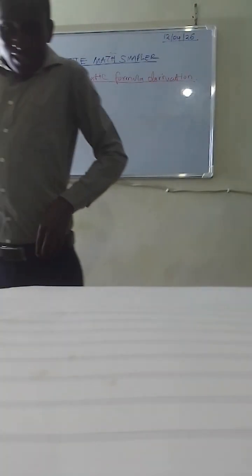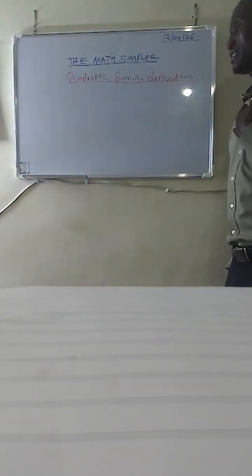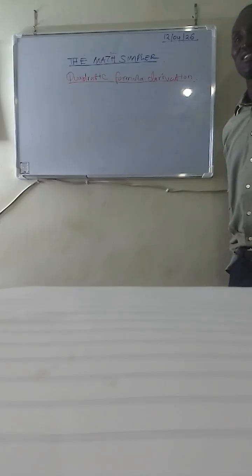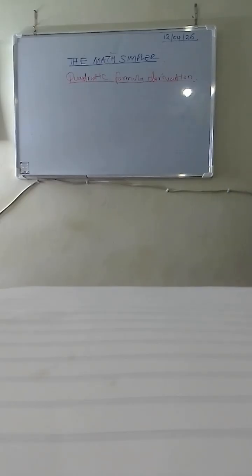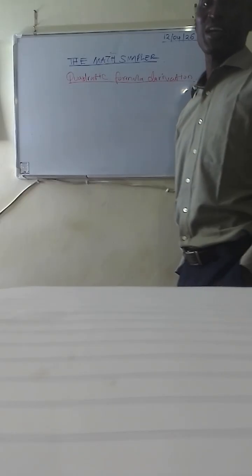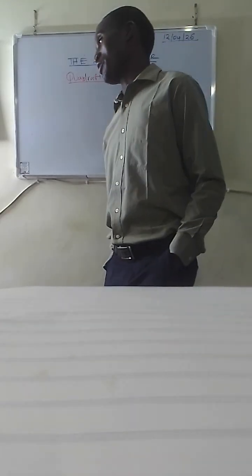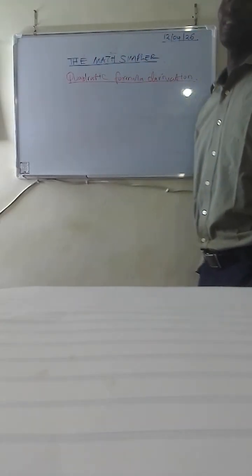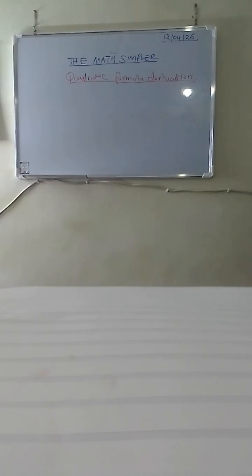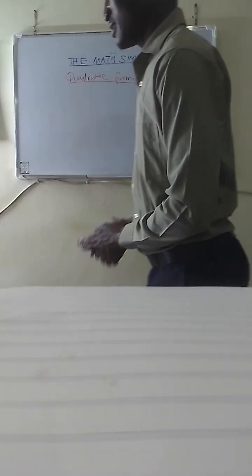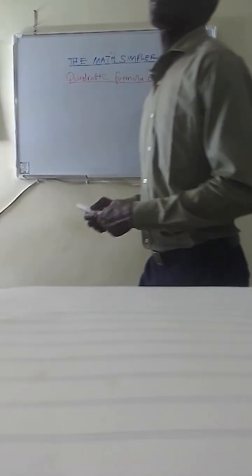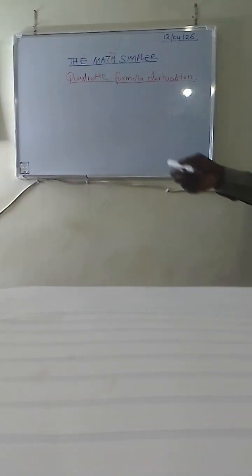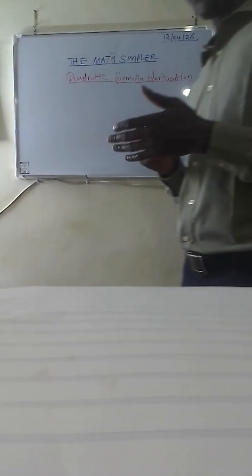There is a question that someone sent to me today, and the student wanted me to explain how we can derive this quadratic formula. Upon going through the process, it is something very easy. Before we start, we are just going to write the formula itself.